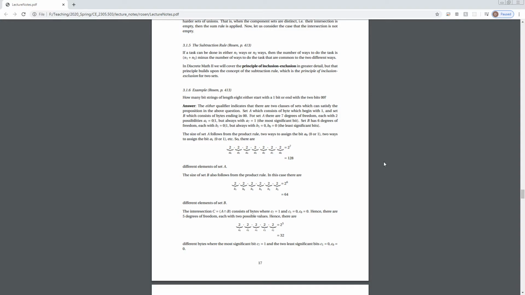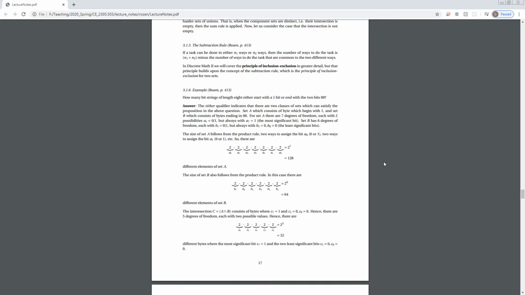So if you consider the example we just spoke about, where you're choosing from students and faculty, if there was an individual that was both a student and a faculty member, then they would have been repeated in the head count.